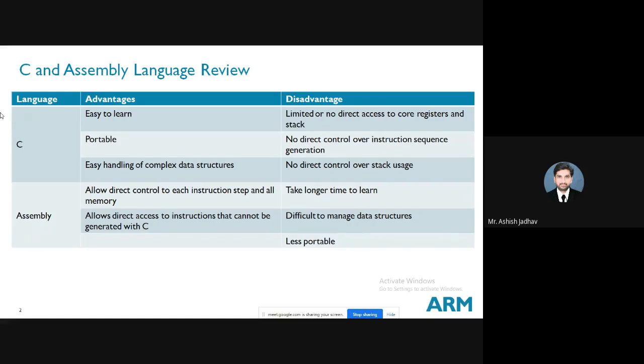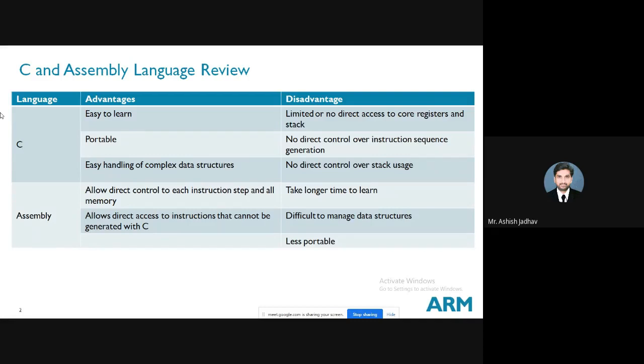But it only allows limited access to the core registers and stack. Means what? You are not able to access the internal registers of Cortex M3. So the C programmer will also not have direct control over the instruction sequence generation, right?